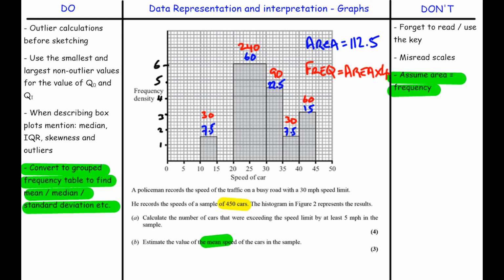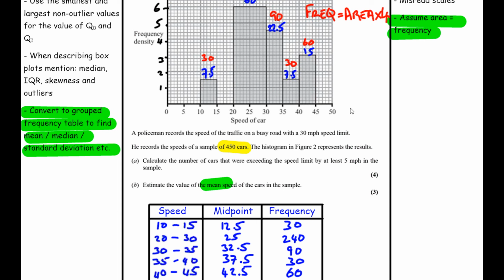The intervals for the grouped frequency table are going to come from the boundaries of the bars, and the frequencies, we've just looked at how we're going to find them. Okay, so without too much trouble, we should be able to convert that histogram into a grouped frequency table, and we're on familiar territory from there, and we should be able to just go ahead and find those values, either the mean or the median or the standard deviation. Okay, produce the table and take it from there.